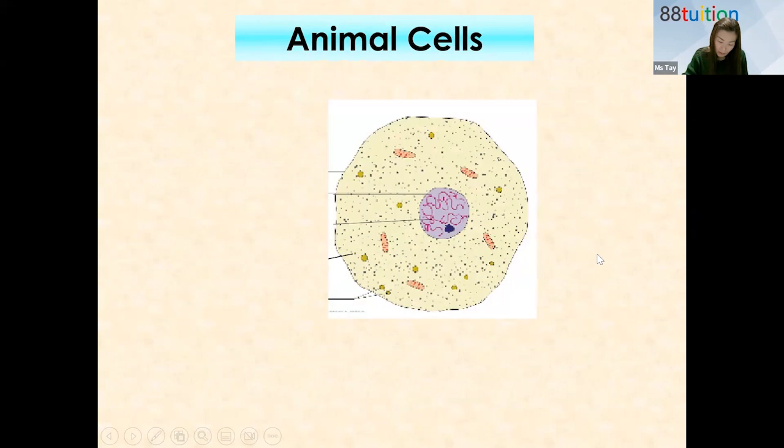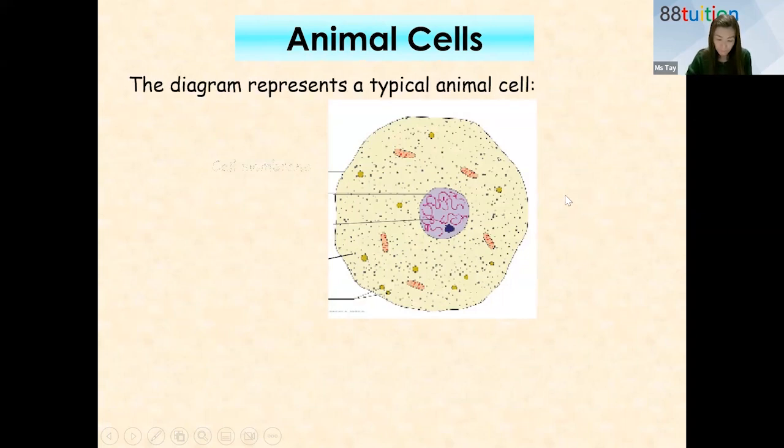Okay, so this is a diagram of an animal cell. You have the cell membrane, the outermost line here. You have the nucleus. The nucleus is the purple portion. Within the nucleus, you see a lot of curly lines.